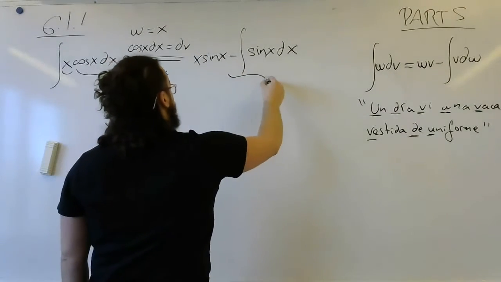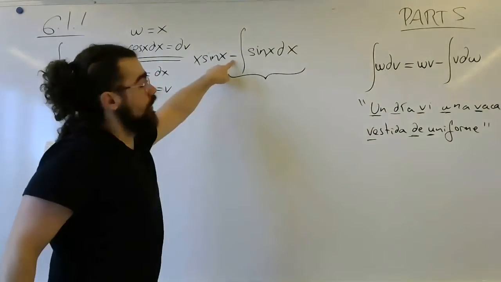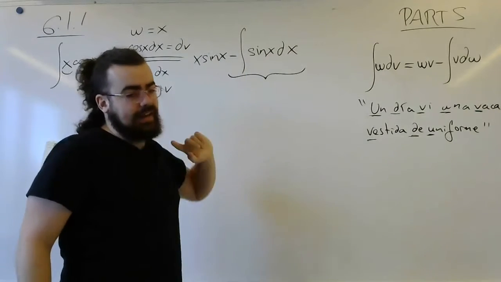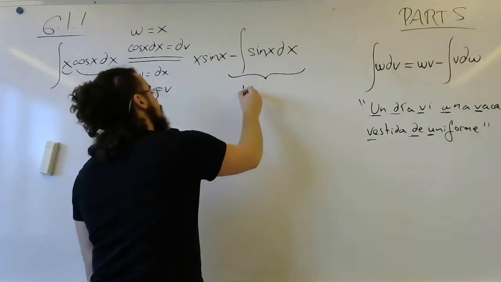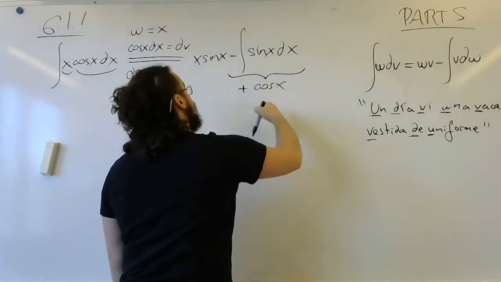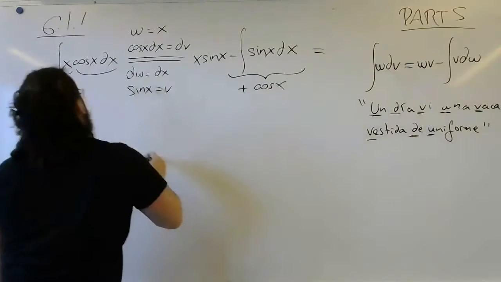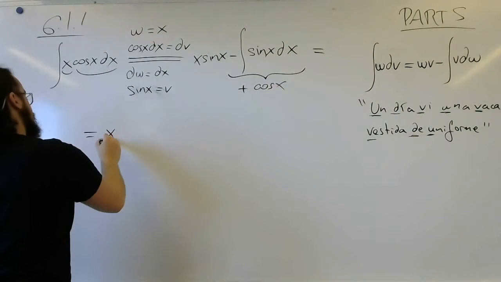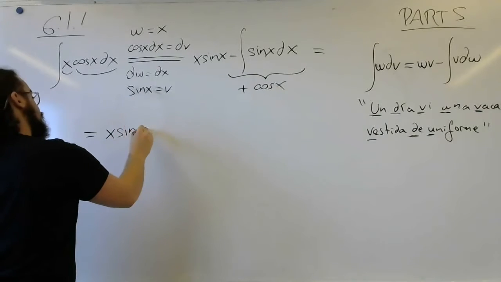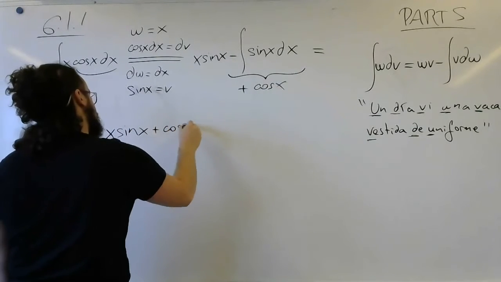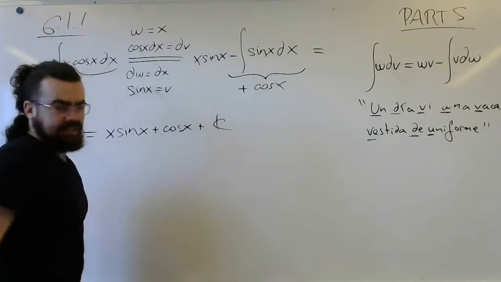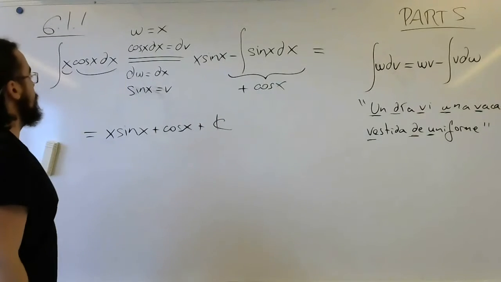Now, what's this? If you include the minus sign, a function whose derivative is minus the sine is plus the cosine. So this integral is nothing else than x sine x plus cosine of x plus a constant.